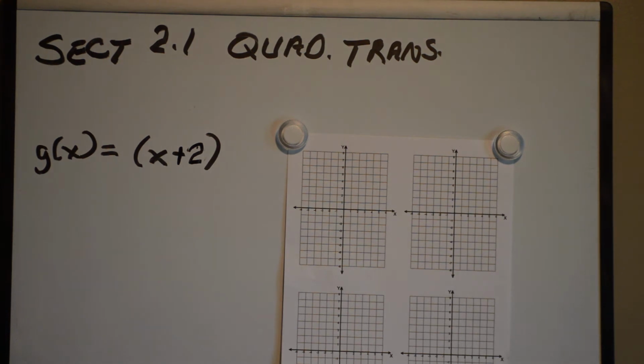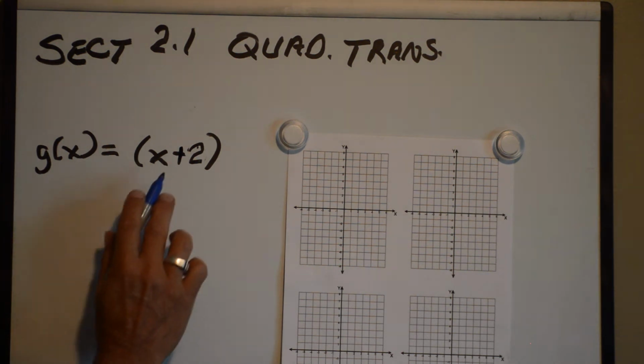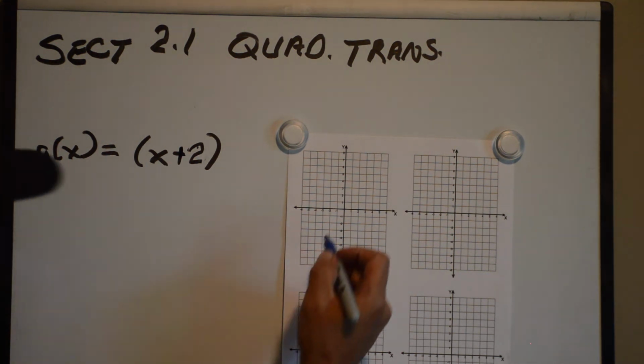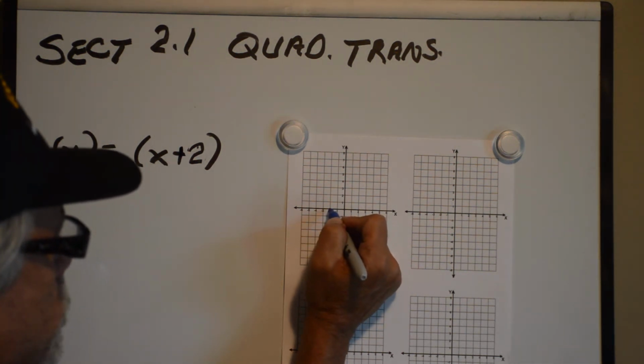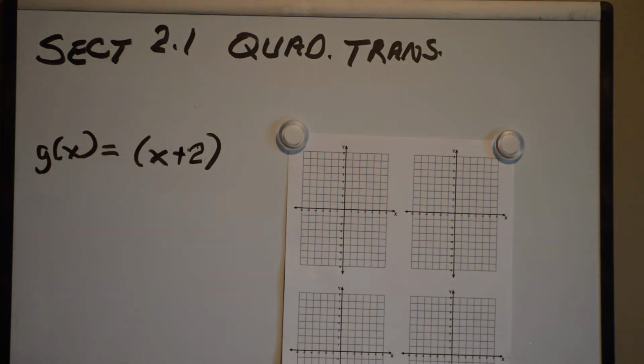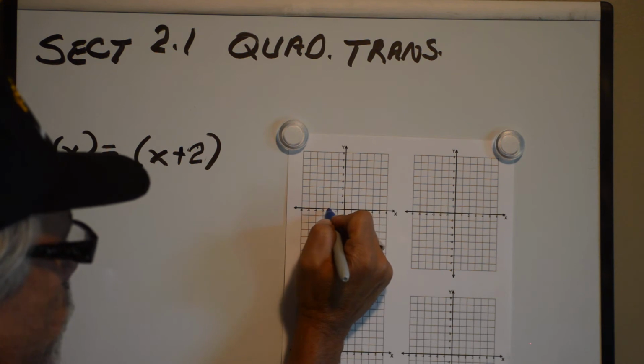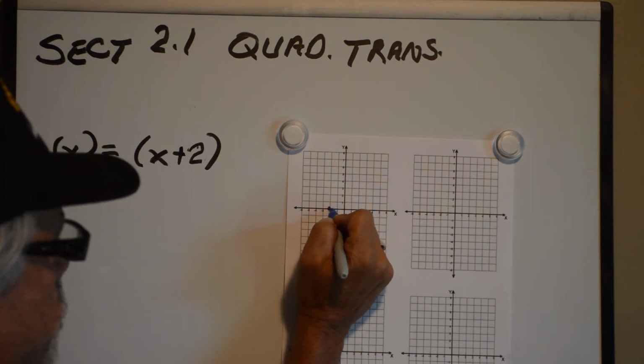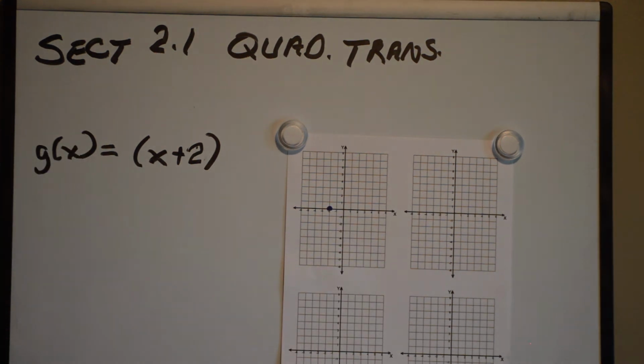G of x equals x plus 2. Since that's a positive 2, we're going to move to the left 1, 2. Since I do not have a k, I am not going to move up or down at all. There's my vertex.